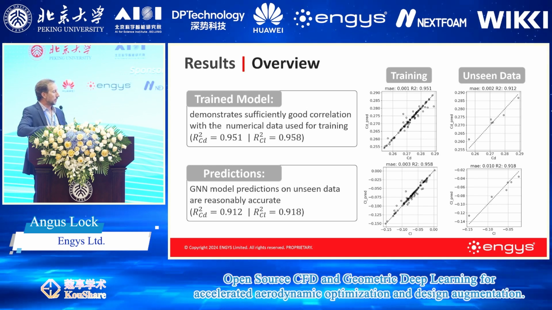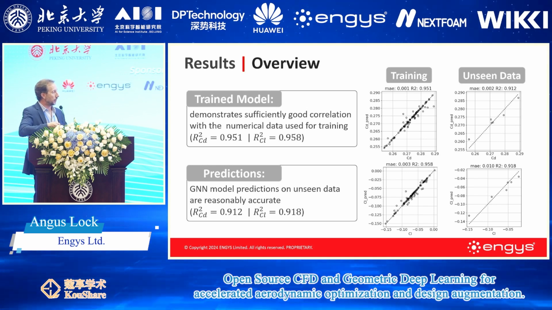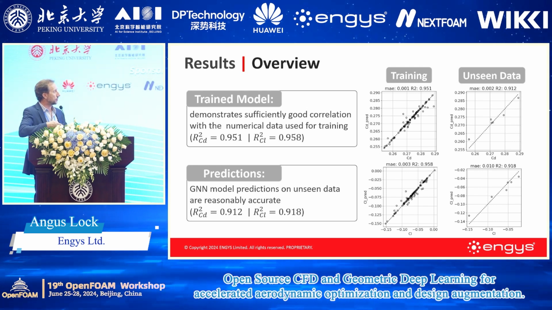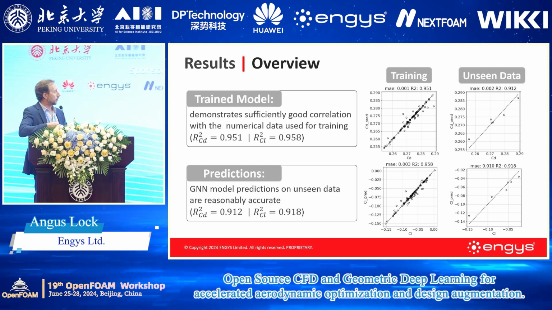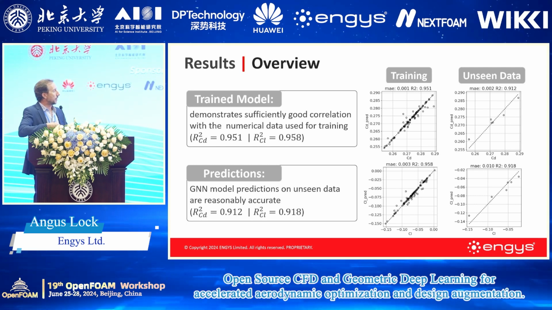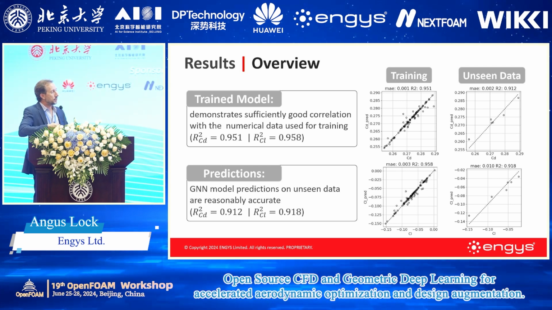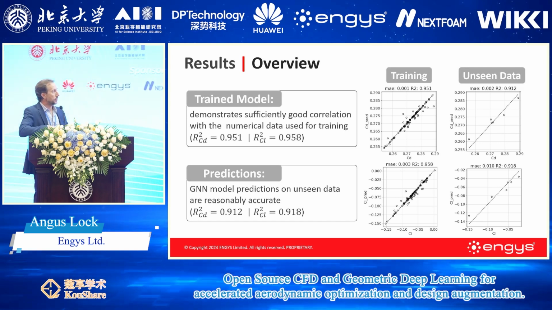And then we have the same information for lift, and we actually get very similar predictions for lift in terms of accuracy. So the R-squared for drag coefficient is 0.951, and the R-squared for lift is actually even slightly better at 0.958. And then the second graph is that testing data that I was referring to.